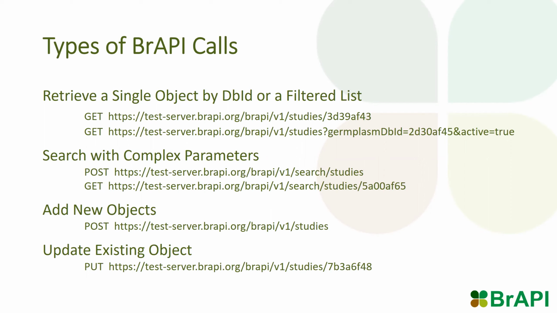There are search type calls. These endpoints enable searching functionality, so you can send a more complex search request to a server, have it execute that against its database and return with results. There are also ways of adding new data to a server and updating existing data on the server.